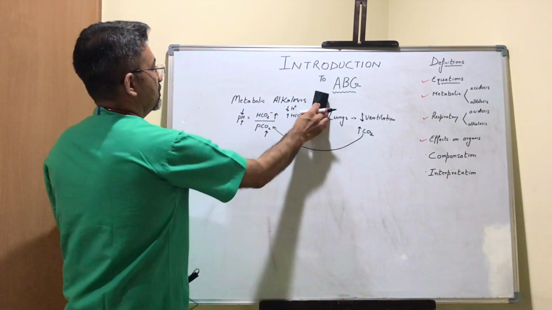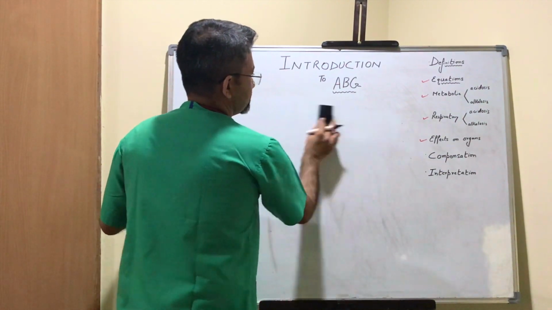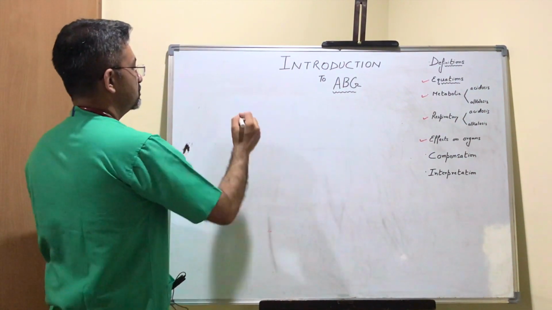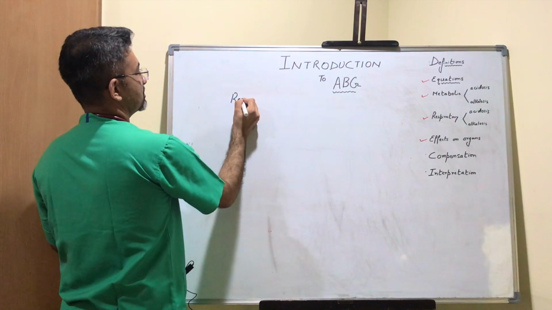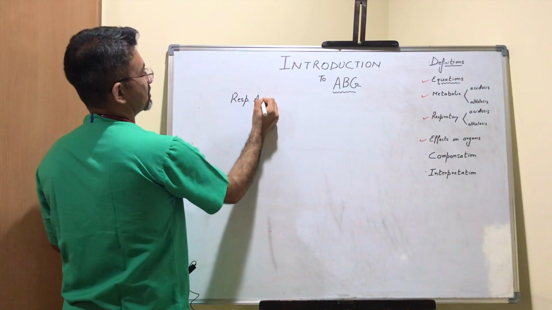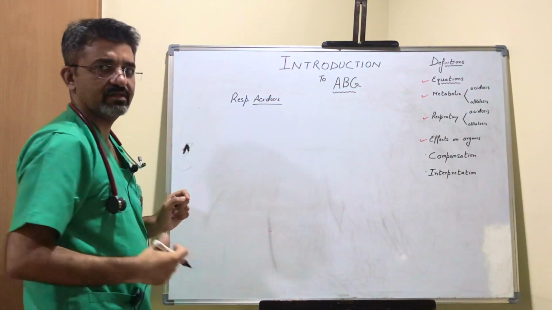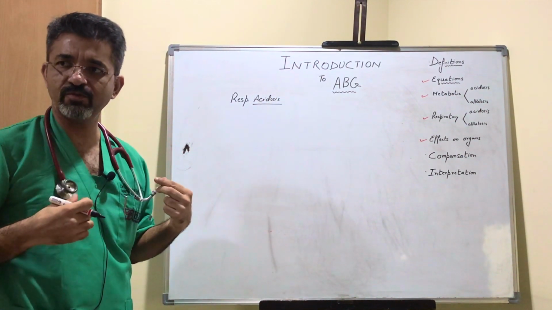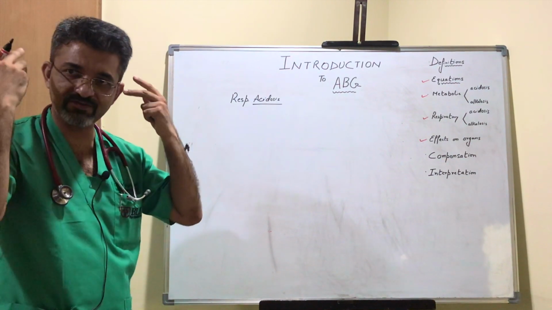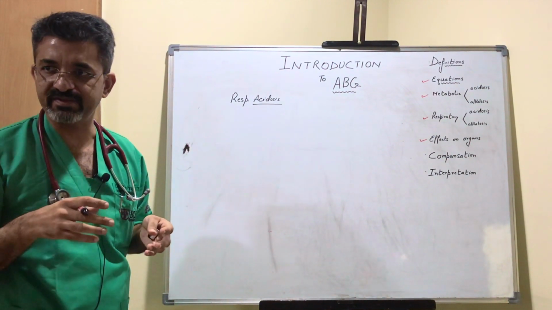Similarly, suppose I have respiratory acidosis. For any reason, suppose polyneuropathy, my drive from the central nervous system is not going to my diaphragm.